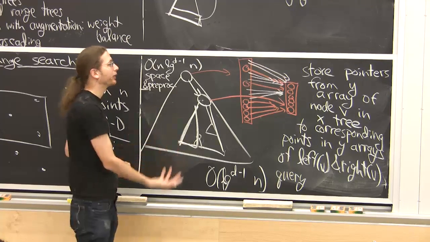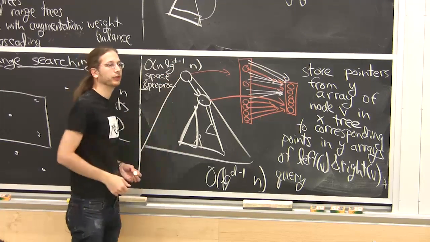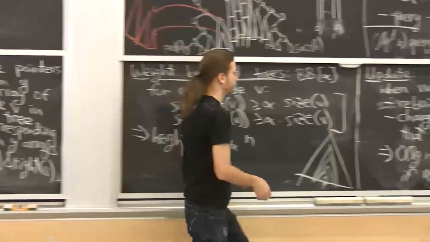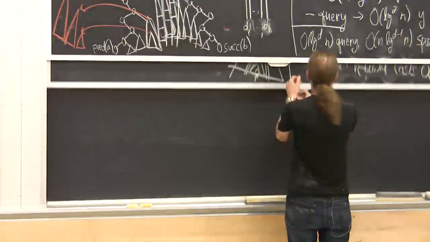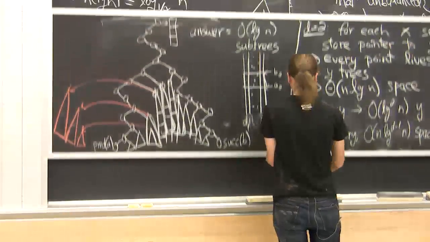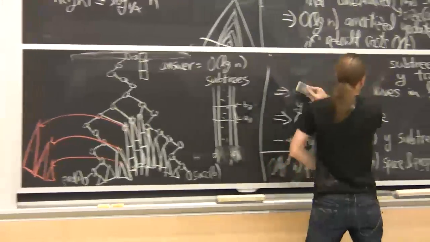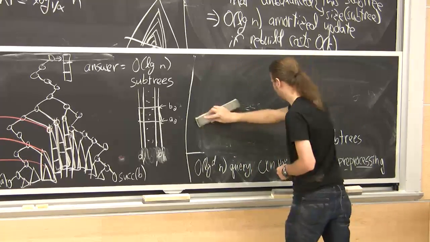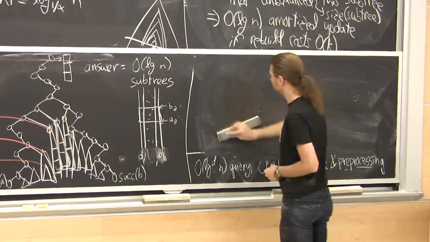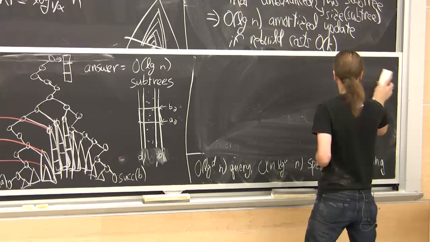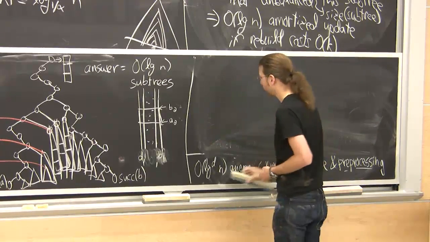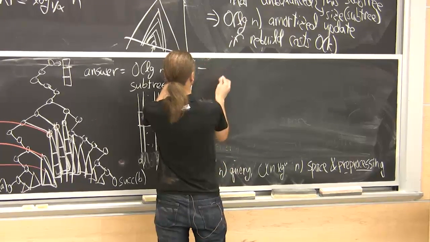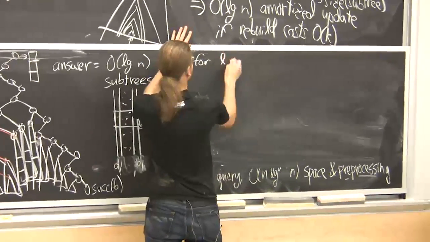We're going to lose an extra log factor. So this d minus 1 is going to turn into a d minus 2 for updates. So that was the generic structure.